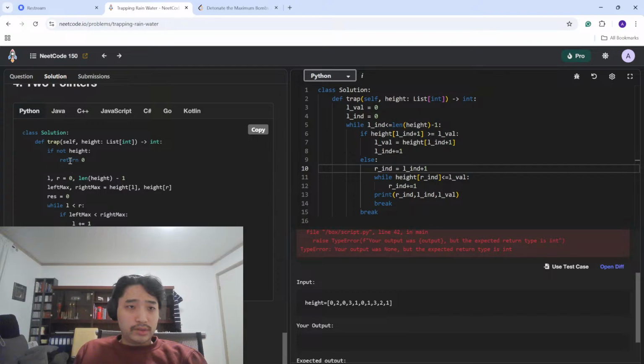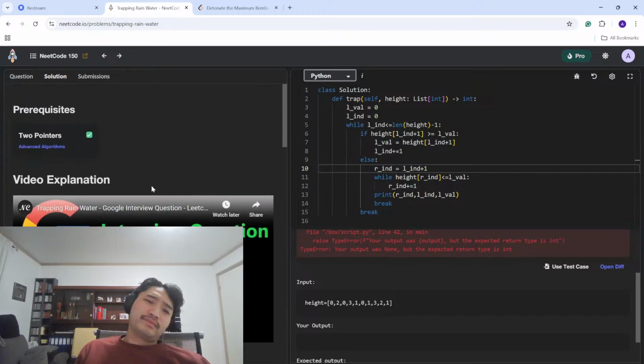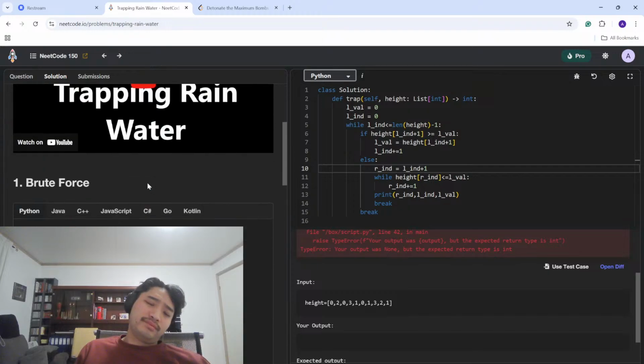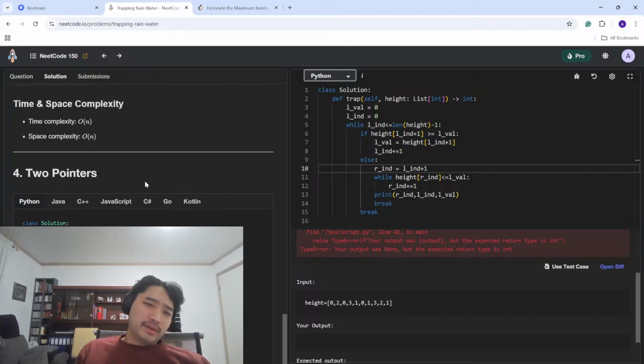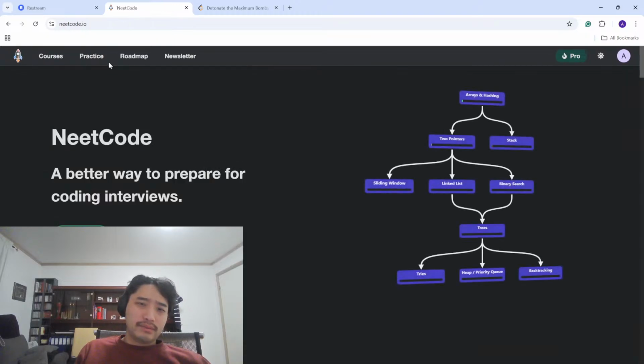Yeah, how are you supposed to use a 2 pointer on this? But yeah. I think my way would have worked, but yeah.